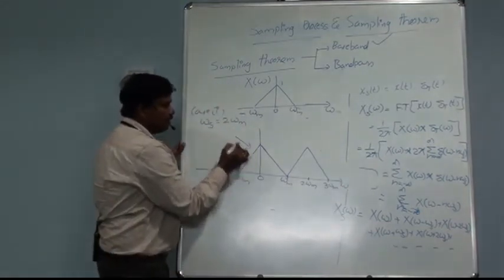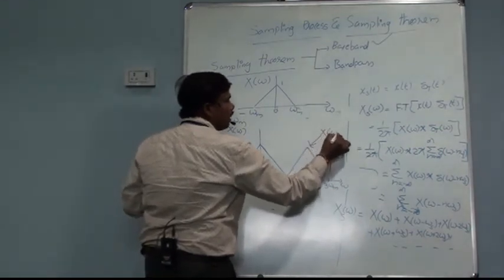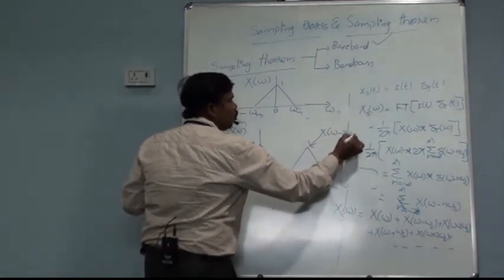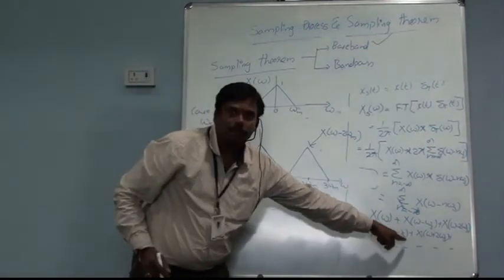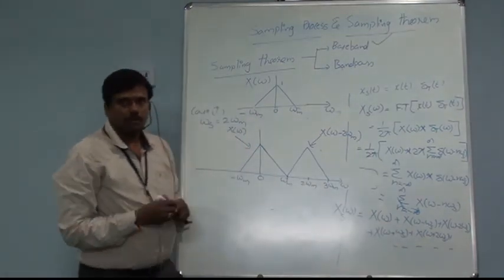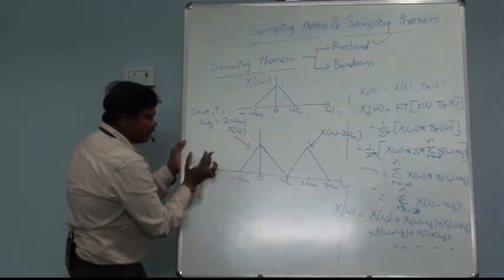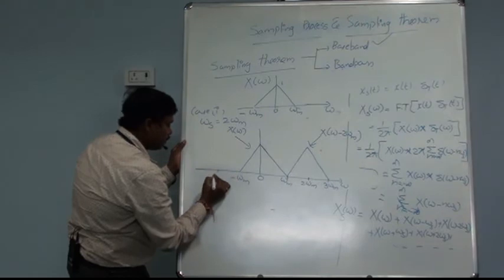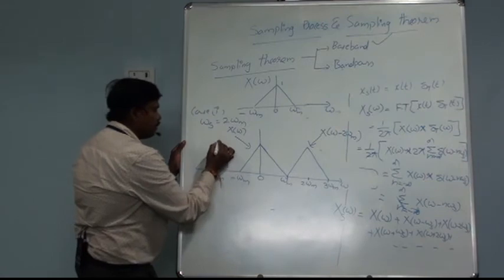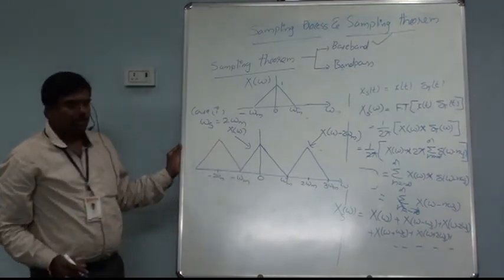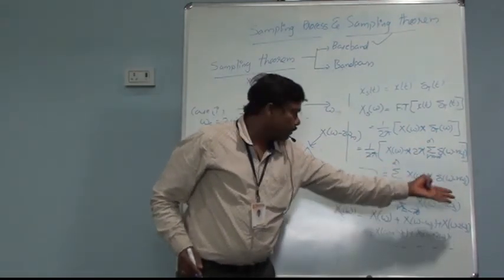This is X of omega minus 2 omega m, that is omega minus omega s. Now for X of omega plus omega s, the same signal is shifted to the left side by the same amount, like this. If you plot X of omega plus or minus 2 omega s, you will get the signals after this.